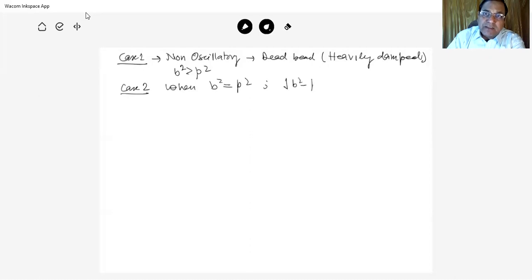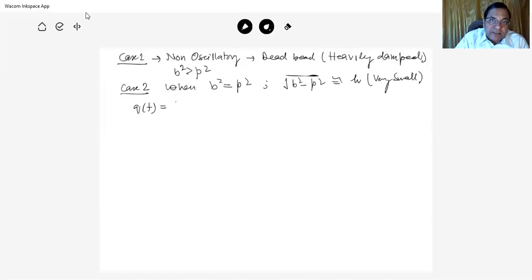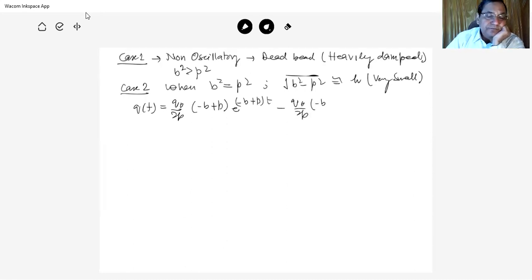So under root of B square minus P square can be considered as very small quantity. तो जो एक्सप्रेशंस आ रहे हैं सॉल्यूशन का, that is Q(t). This Q(t) is equal to, जो Q(t) हम लोग लिखते हैं, this is Q0 by 2P minus B plus P e raised to the power minus B plus P t, and here it is Q0 by 2P minus B minus P e raised to the power minus B minus P of t.